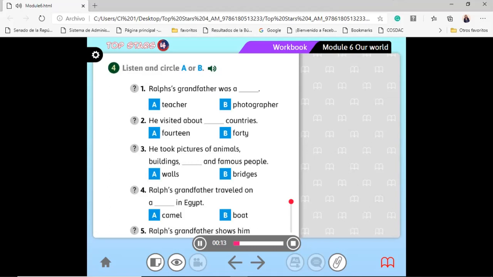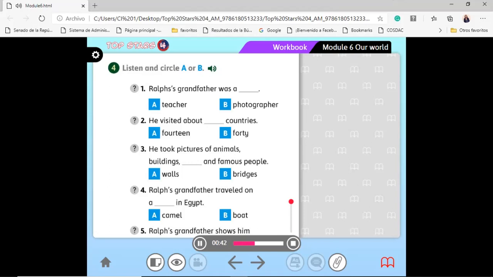Grandpa, our teacher told us that photographers travel a lot. Did you travel when you were a photographer? Yes, I did, Ralph. I think I visited about 40 different countries. How many? 14? No, 40. What did you take pictures of? Everything. Animals, buildings, bridges, even famous people. Which was the best country you visited?